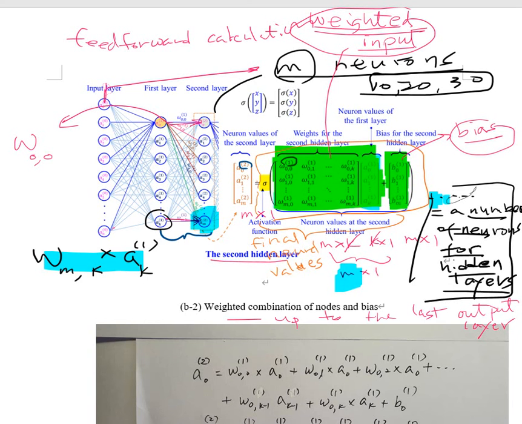This is the feed-forward calculations, and the network that makes this feed-forward calculation possible is called a feed-forward network.